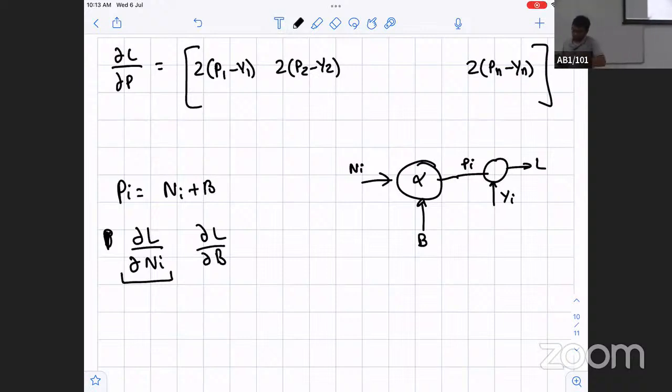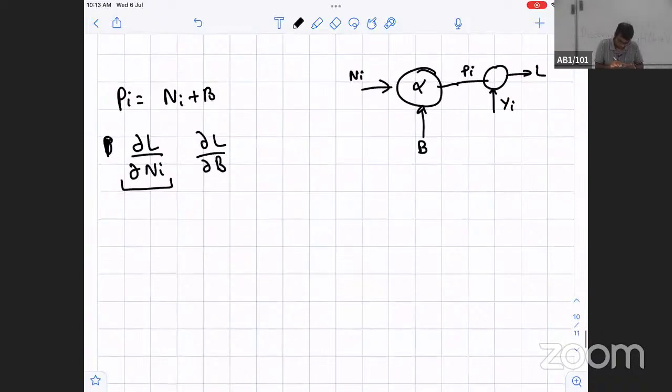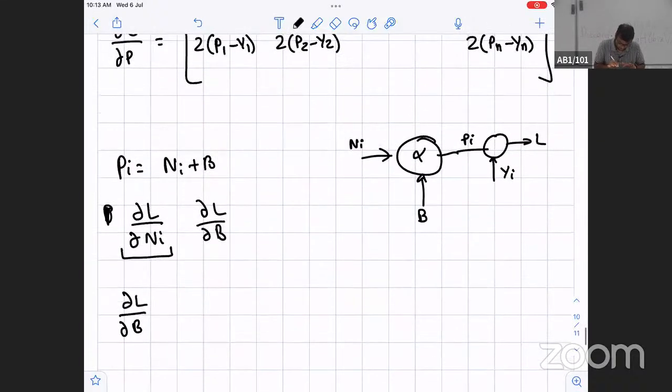Okay, so what is dl by db? This is where I want you to pay extra attention. If I change b, what are all the values it will change? The output of alpha is p1 to pn, right? If I change b, which of the p's will change?